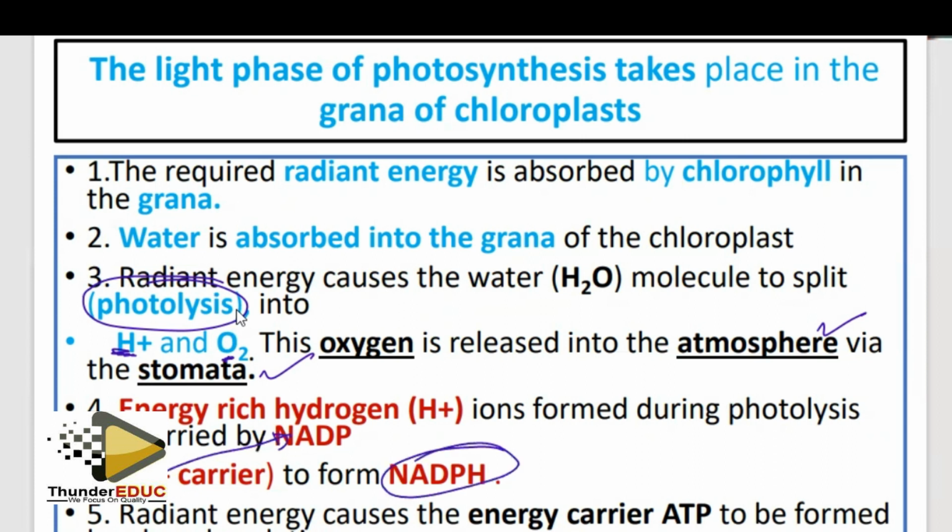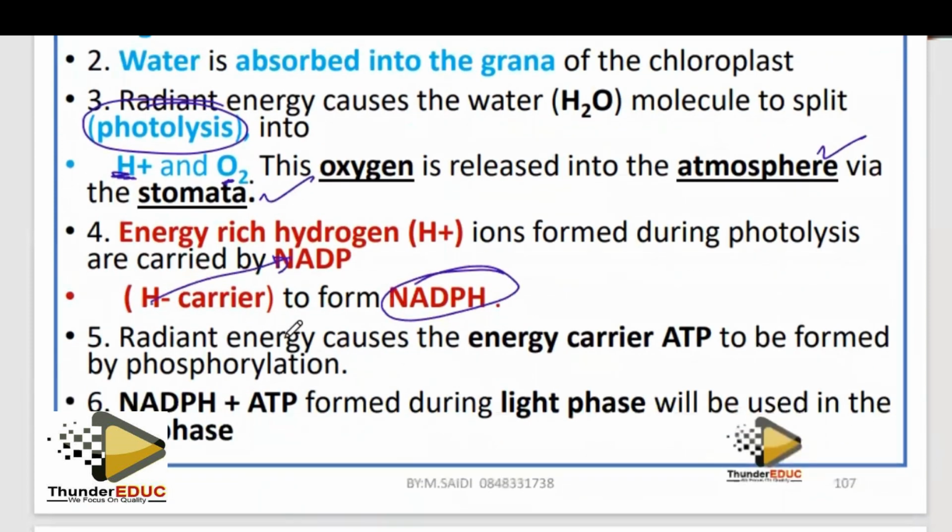So now it's the NADPH which moves to the dark phase. The radiant energy also caused the energy carrier ATP to be formed.